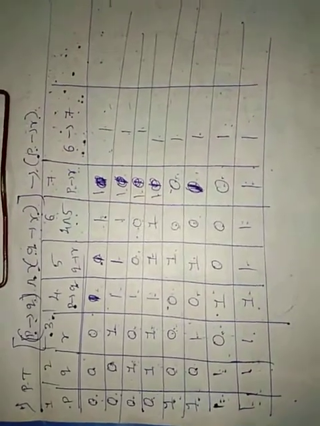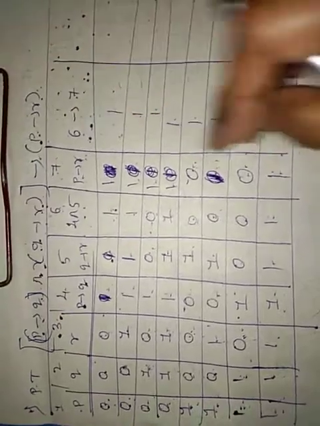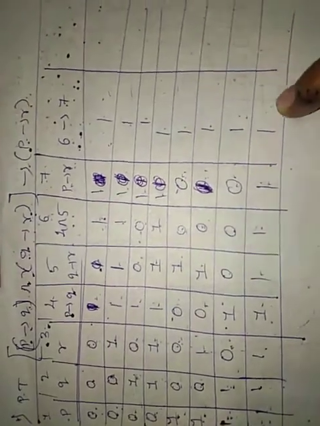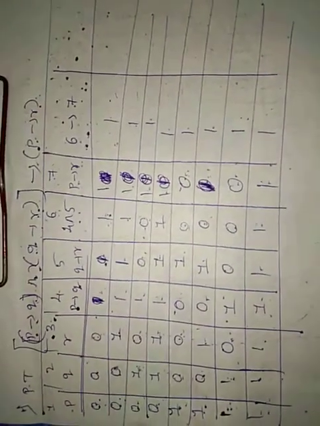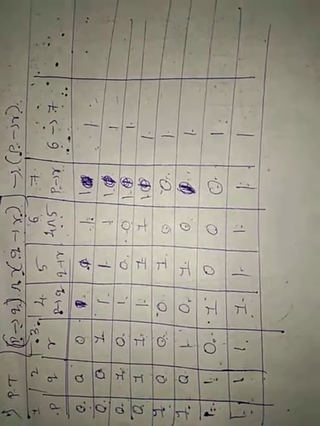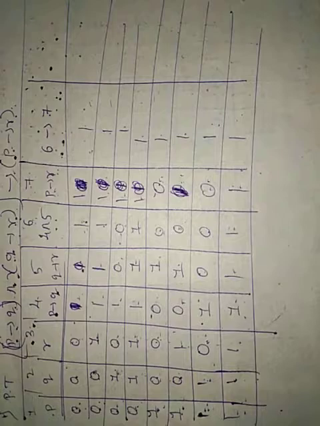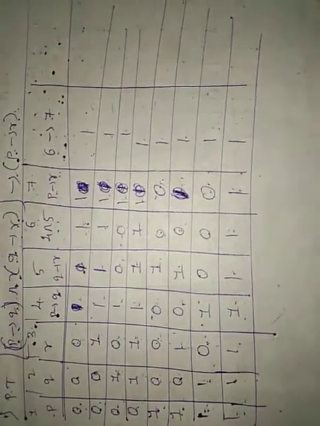In the same manner, if we construct any compound proposition and get all the values false, meaning all 0, then it is called a contradiction: a compound proposition which is false for all possible truth values of the components.